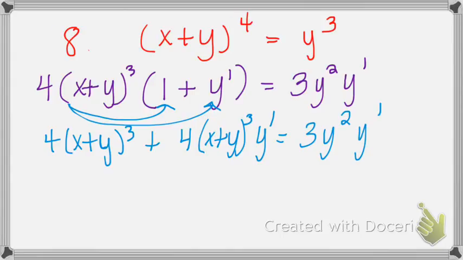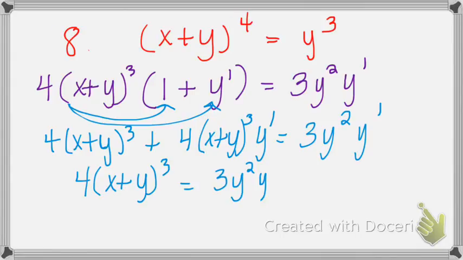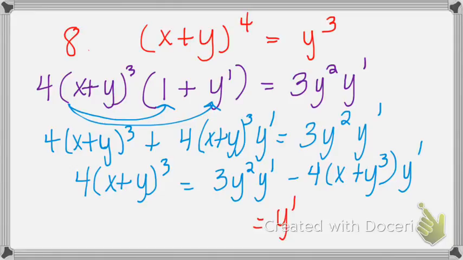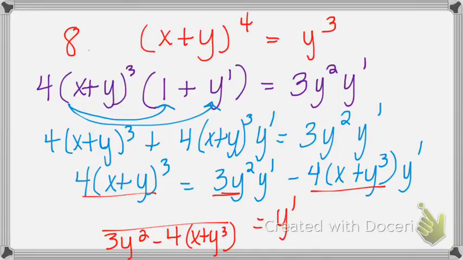Then I'm going to subtract over this thing with the y prime so I can get the y primes on the same side. I'm going to skip a step, and I'm going to divide by the parts that's with y prime. And then the top will be that 4 times x plus y to the third.